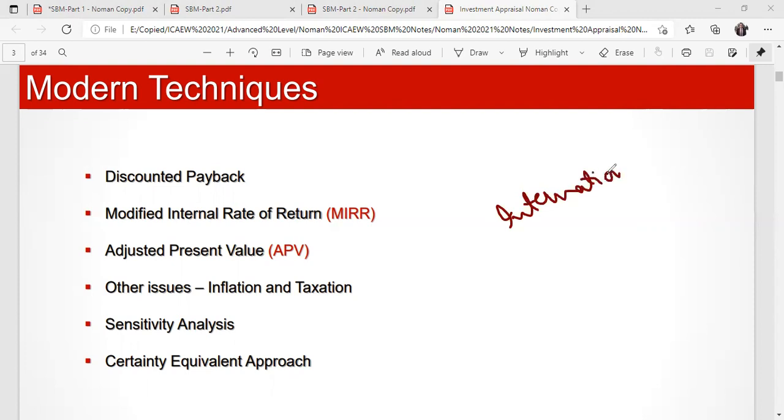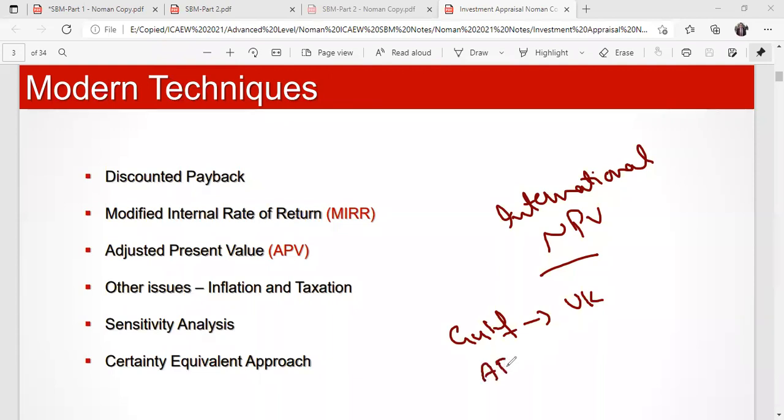international NPV. What is international NPV? Let's say you are in a Gulf country and you want to go for your investment in the UK. Obviously, in the Gulf you have to use another currency, like let's say it is AED, dirham. But in the UK you mostly use GBP, Great Britain pound. So what will be the implication?